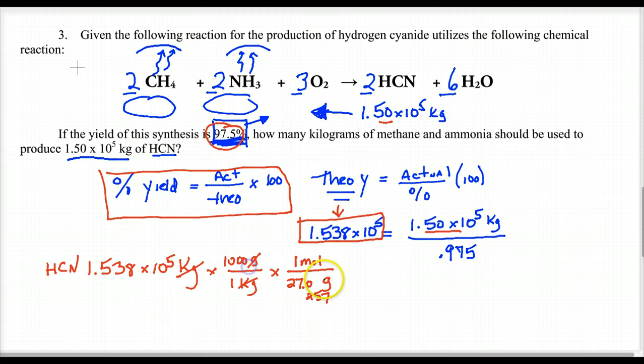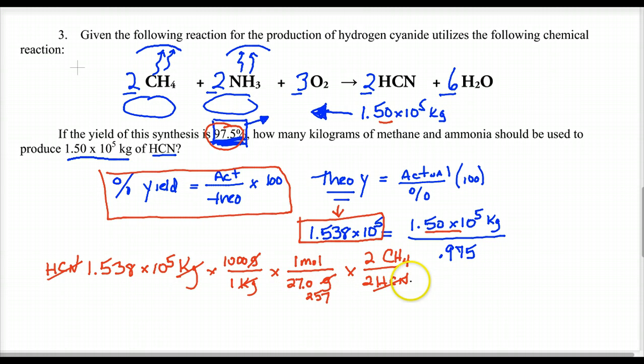Notice grams cancel. And then, of course, I'm going to use the ratio. I'm going to get rid of hydrogen cyanide to get what I want. In this case, let's go to methane first. It's one of the reactants we need, CH4. And it just so happens to be 2 to 2. So you could obviously skip this mathematically, but I like to write it out just to keep myself organized.